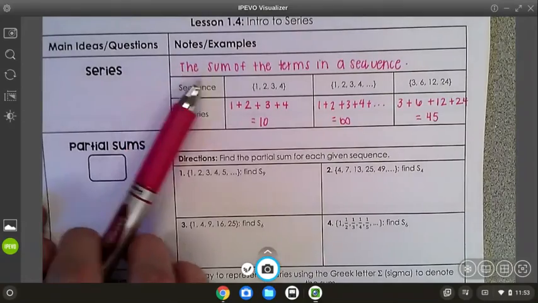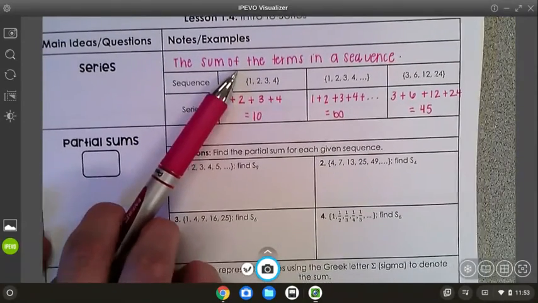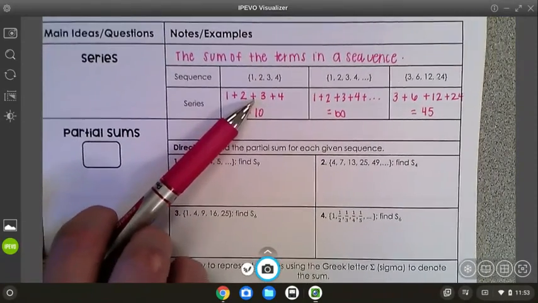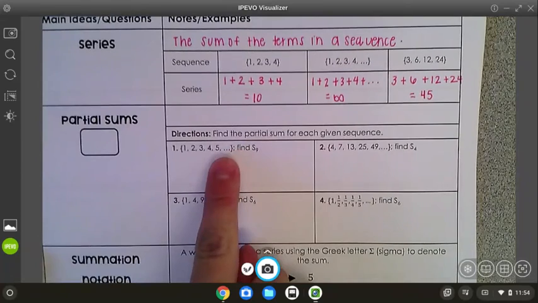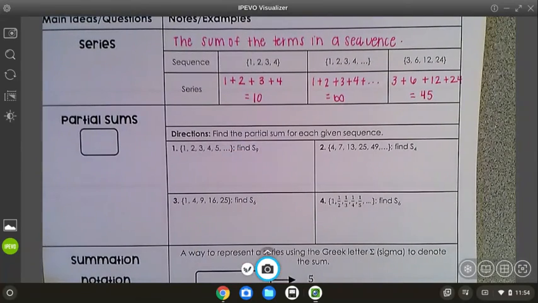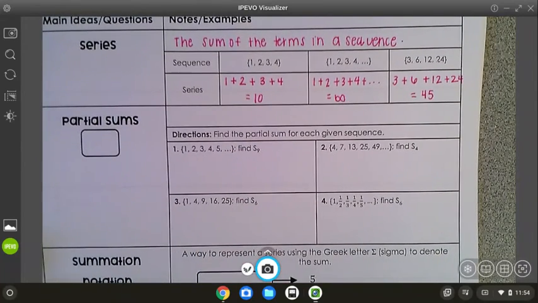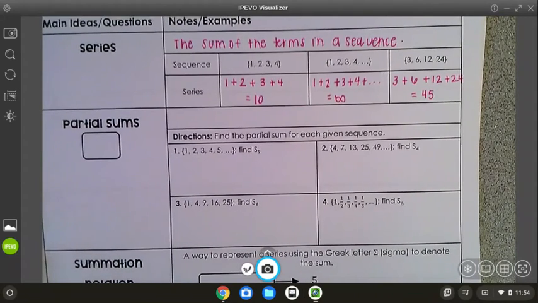So a series takes a sequence and adds them together. Well, like I said, most of the sequences that we've seen just go on forever, and so adding all those together is going to be impossible.